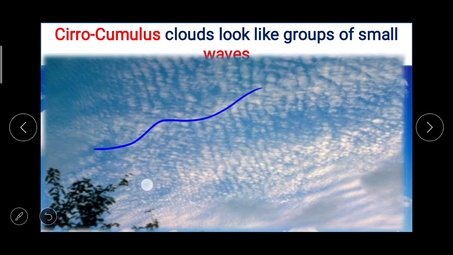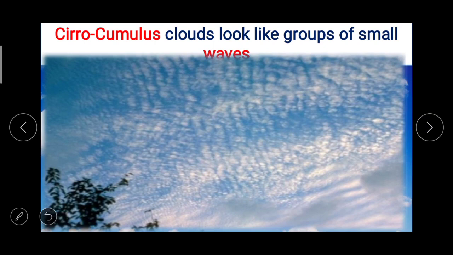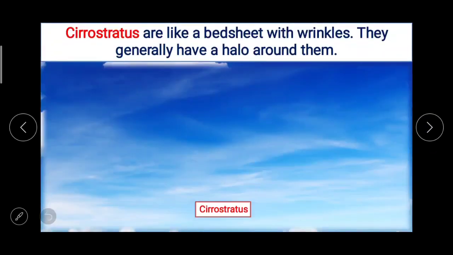Here you can see it looks like group of small waves. And if we talk about cirrostratus, are like a bed sheet with wrinkles. They generally have a halo around them, so it looks like bed sheet with wrinkles.